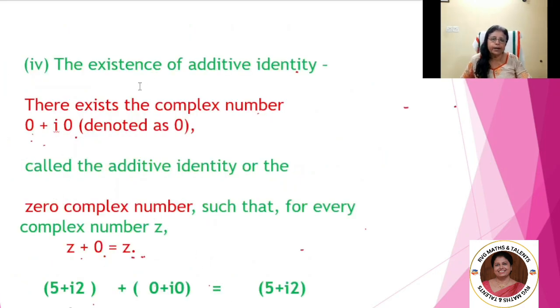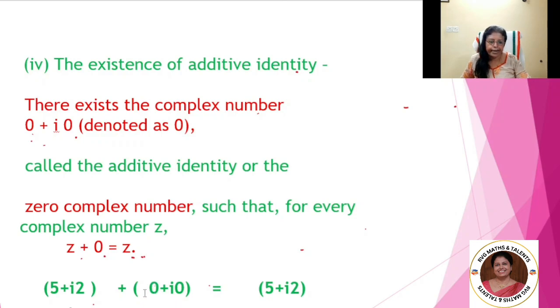Then come to the next one, existence of additive identity. Already we have studied additive identity. Here you can see the number 0 plus i0, denoted as 0. That is the additive identity in the complex number system, the zero complex number. If you add 0 to any number z, you will get z as the answer. One example is given here: 5 plus i2 plus 0 plus i0.